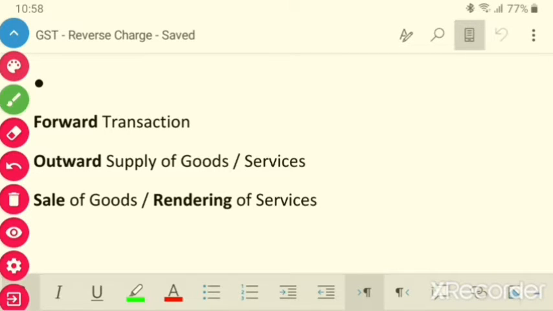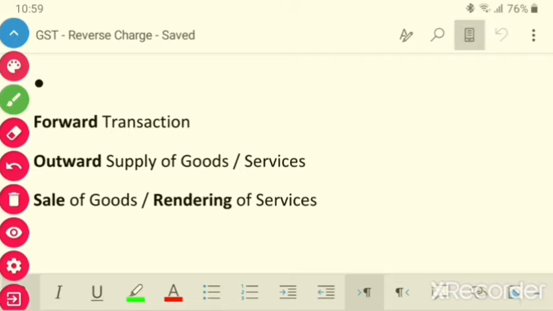Now GST is on what? Sale of goods, rendering of services. Instead we can say outward supply of goods and services. Instead we can say forward transaction.